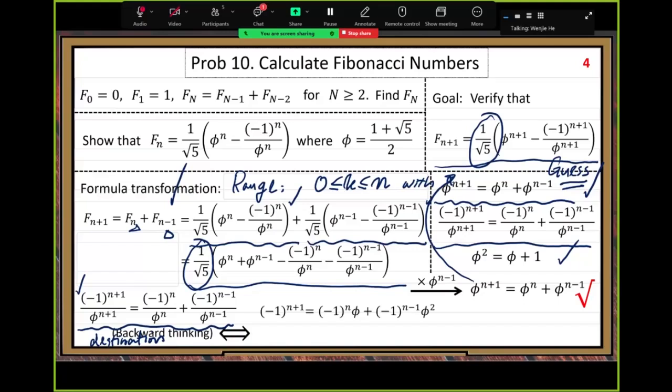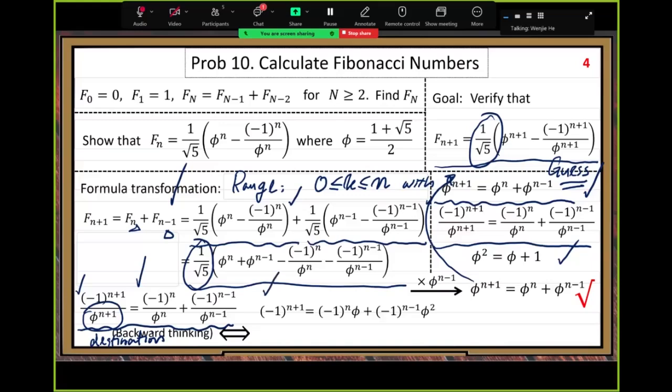If the destination equality is correct, then we remove the common denominator by multiplying phi to the n plus 1 on both sides, so we get this equality.